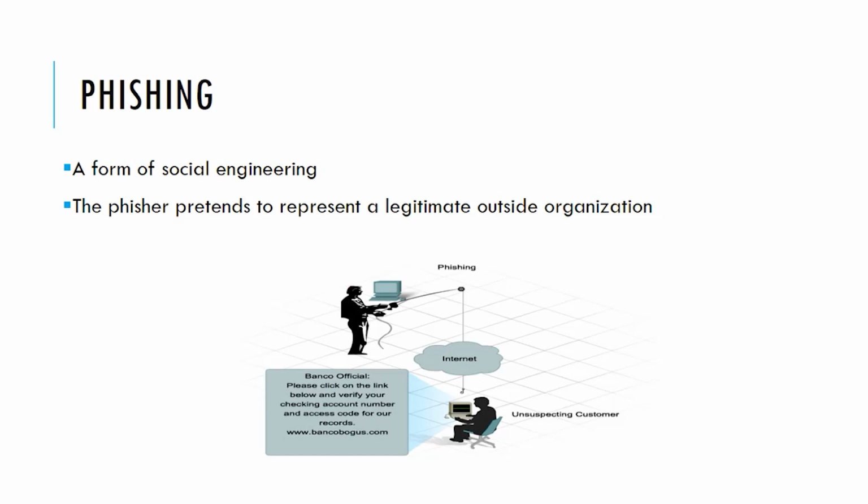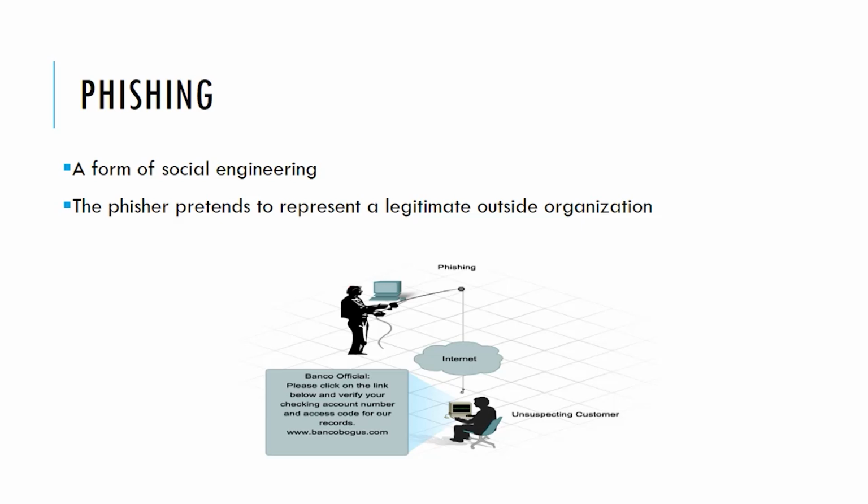Phishing. Phishing is some form of social engineering. The phisher pretends to represent a legitimate entity from outside the organization. The phisher tells the unsuspecting customer that he is maybe his bank, and he needs to know about his bank account and password to check his accounts.